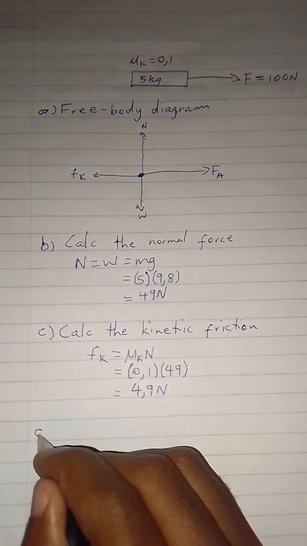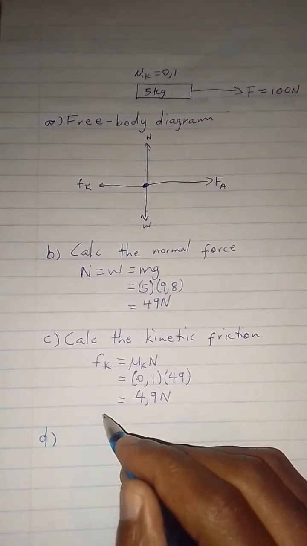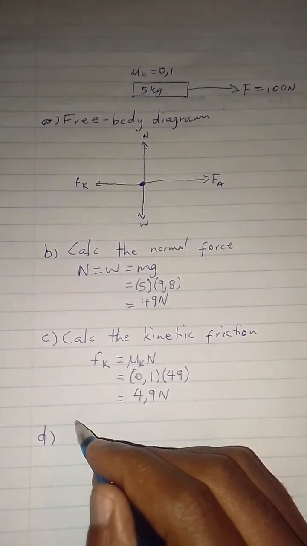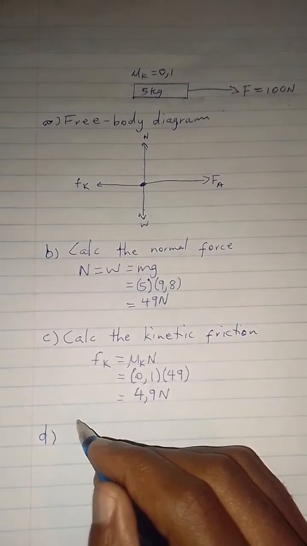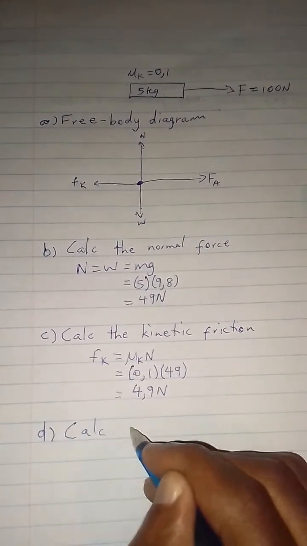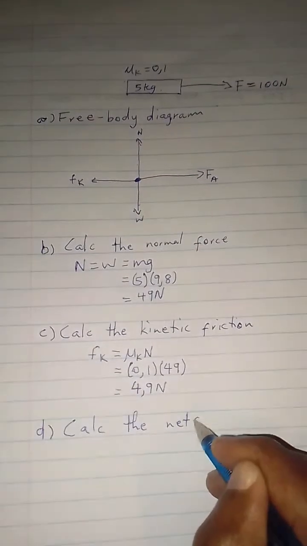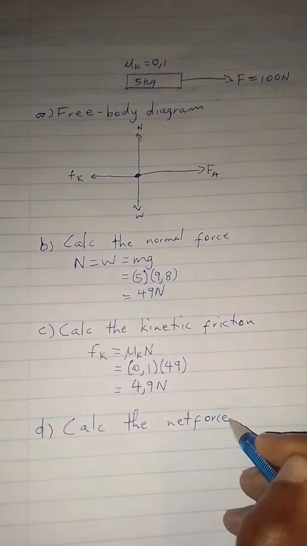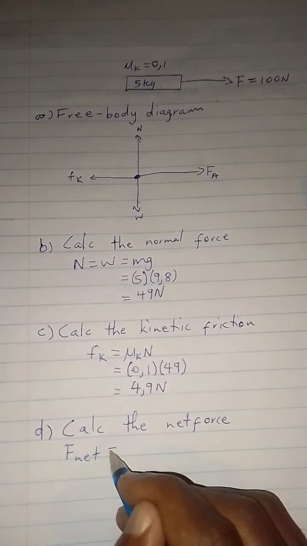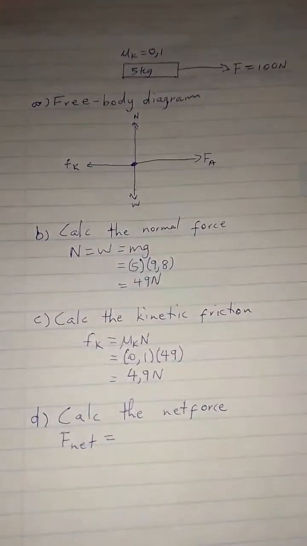Right, then the next one is we're going to calculate the net force. How do we calculate the net force? We write F net equal to all the forces that are acting horizontal, since the object is moving horizontal.